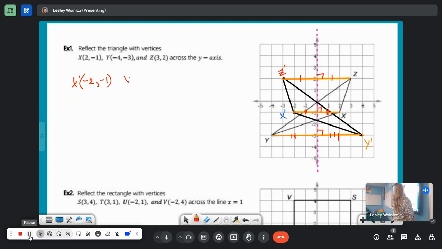My y prime, instead of being left 4, would then be right 4, but it's still going to be 3 below. My z prime, instead of being 3 to the right, would be 3 to the left, but it's still at a height of 2.